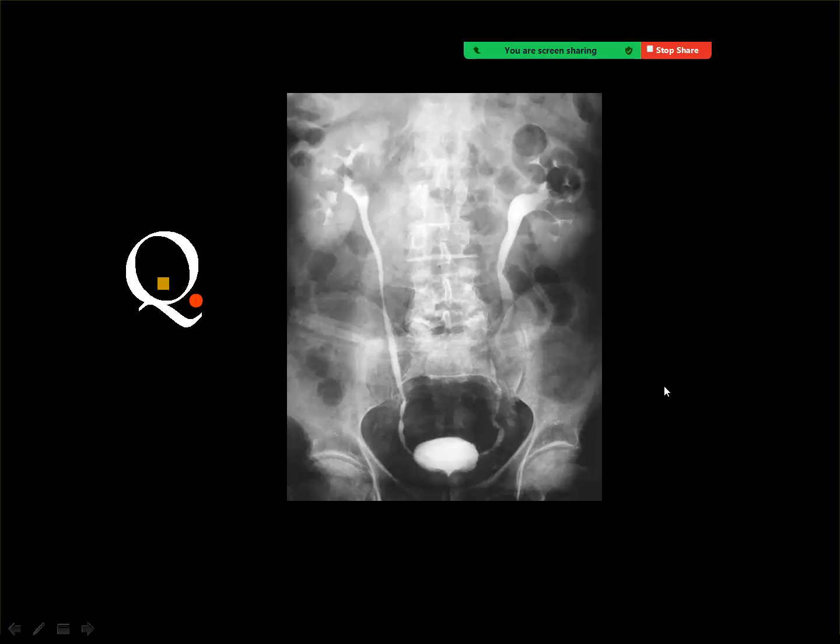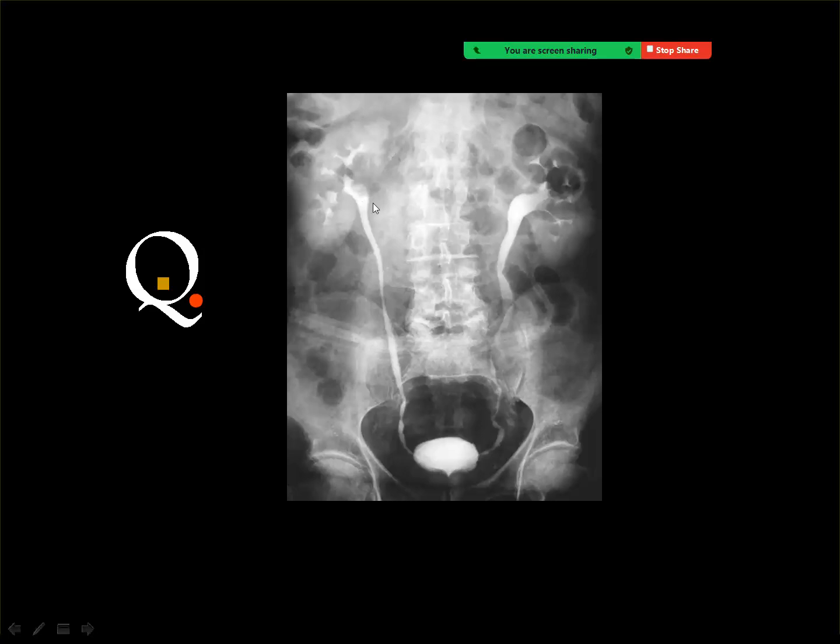And filling defects are usually interpreted as calculi unless proved otherwise. But if you have a better look at this appearance, it is not a calculus, it is not surrounded by contrast material, then you consider a mural filling defect, which means that you are dealing with a urothelial tumor.